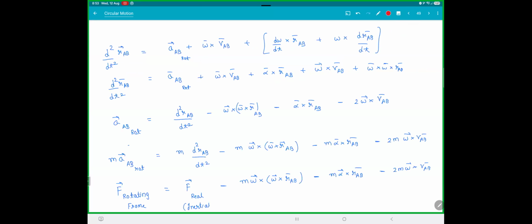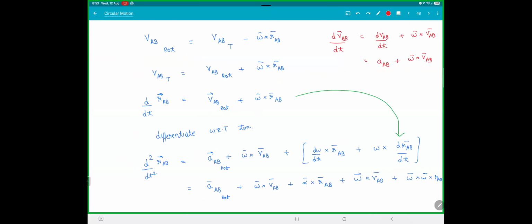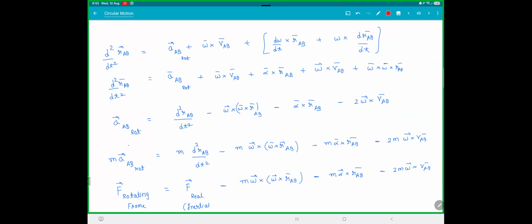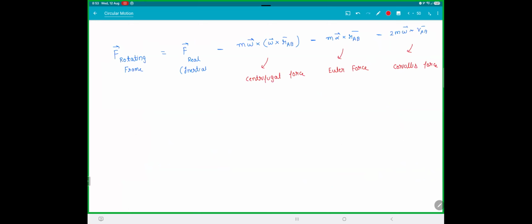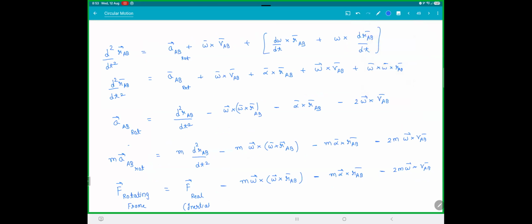Just have a look at the steps. I know it's pretty big, but just try to understand once. Start from here. Have a look at this once. Wait, I forgot to expand one more thing here.